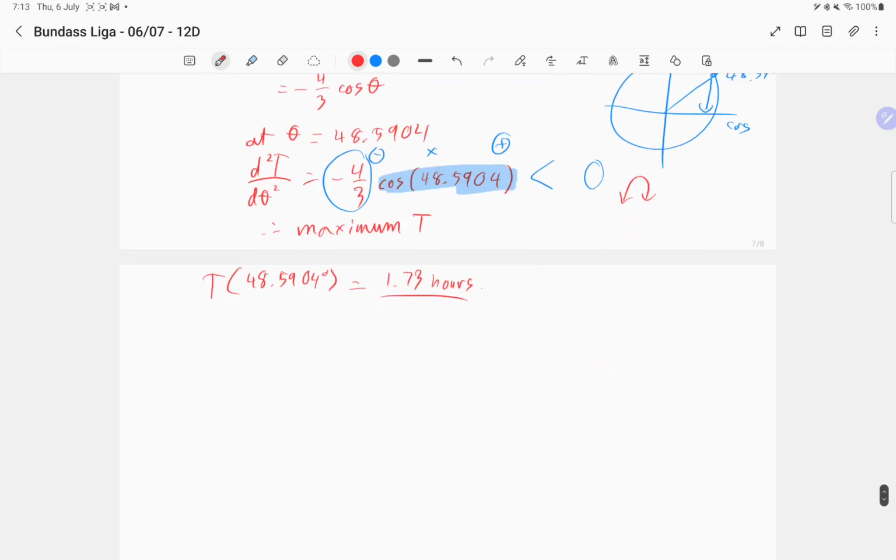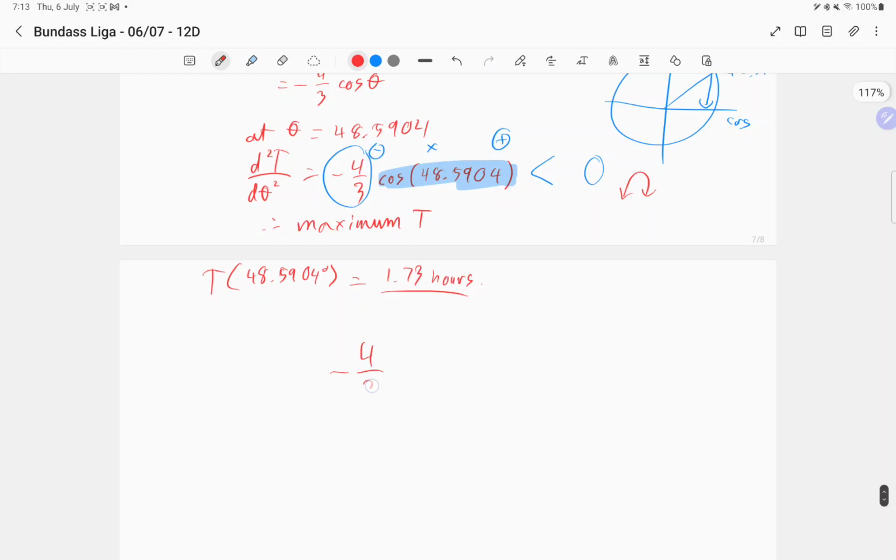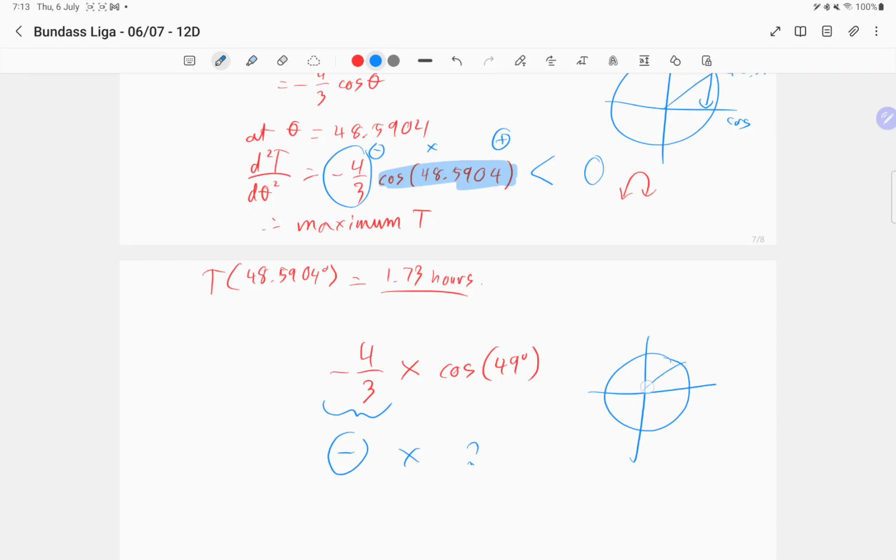Okay. So look at this number here. The number we're looking at is this one, and then times cos of, we simplify it, 49 degrees. So we know this is a negative number. Times by, now we just need to know whether it's positive or negative here. 49 degrees on the unit circle is about here. This is representing 49 degrees. And cos of 49 is the value on the cos axis.